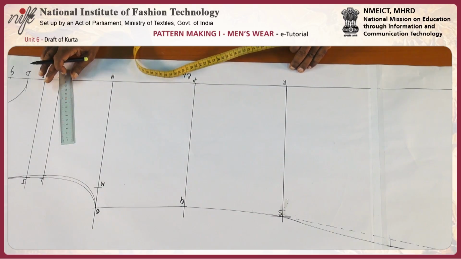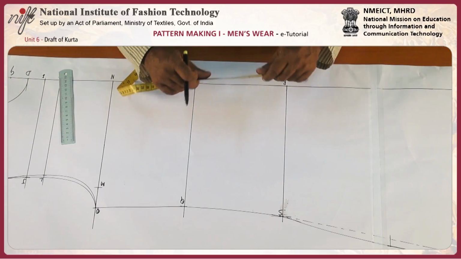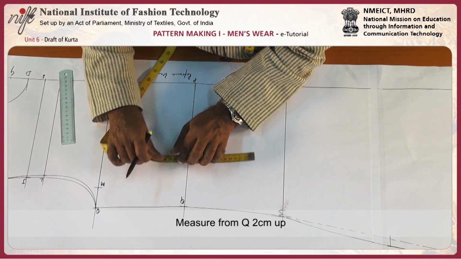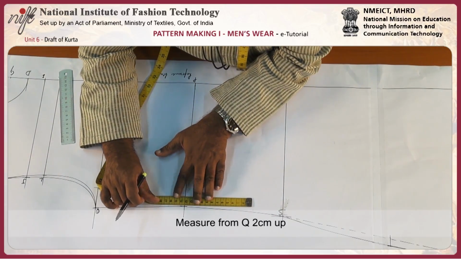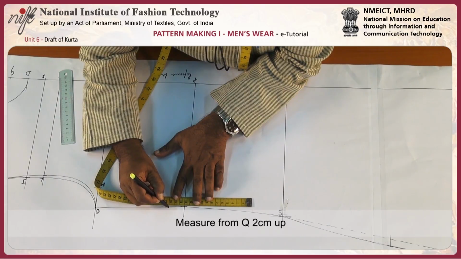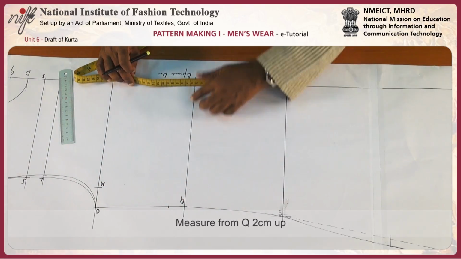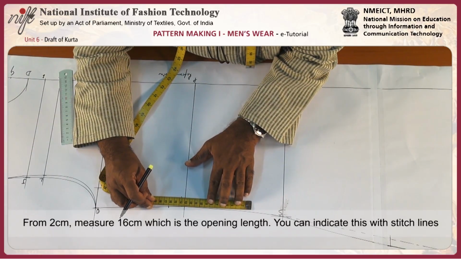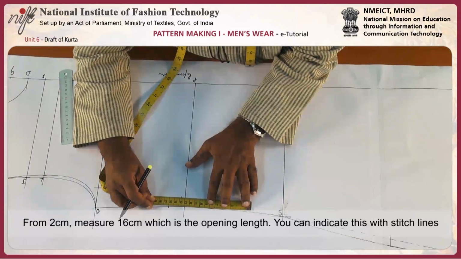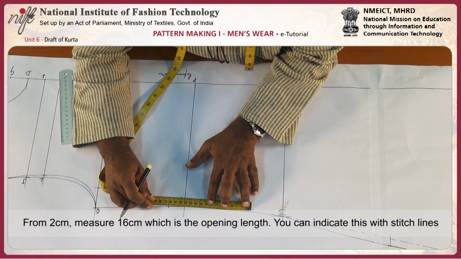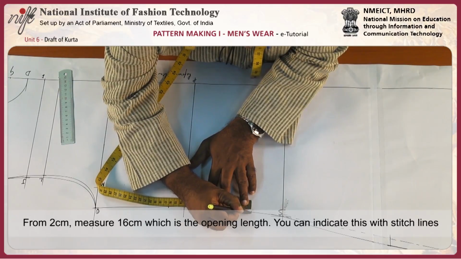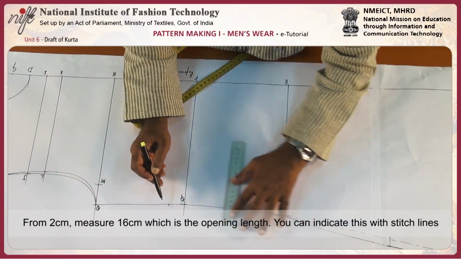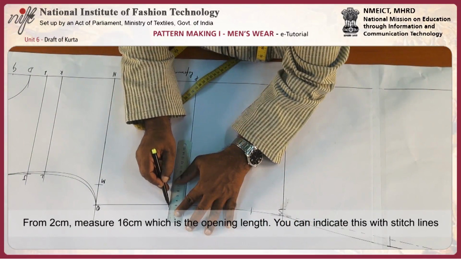So to mark the pocket opening, you need to measure from Q 2 centimeter up, that is a waistline level. Then from 2 centimeter point, measure 16 centimeter, which is opening length. This is a pocket opening length.